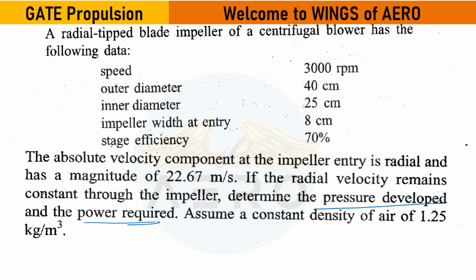How can you find that? What is the principle you are going to make use of? They have given N, so using N you can find U1 and U2, because they have given D1 and D2. The impeller entry width is given, the stage efficiency eta is given, and C1 is given.